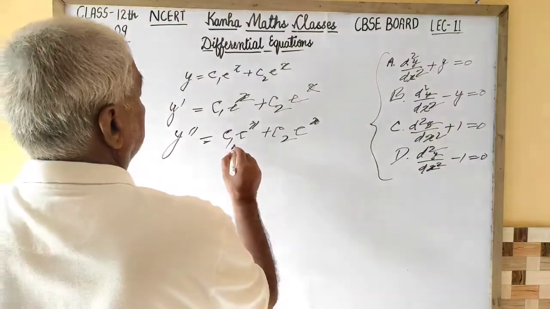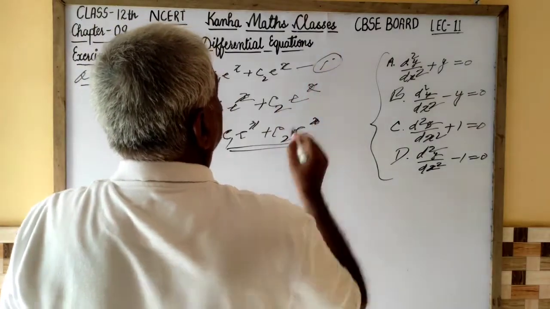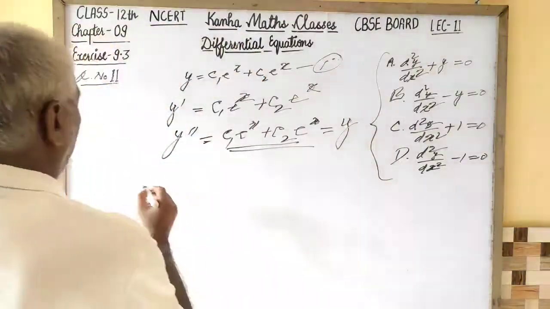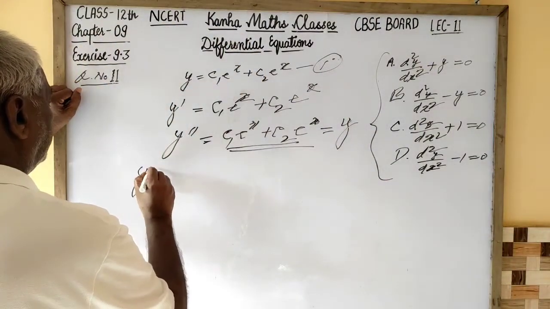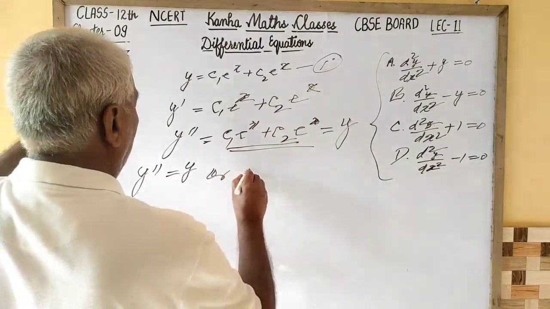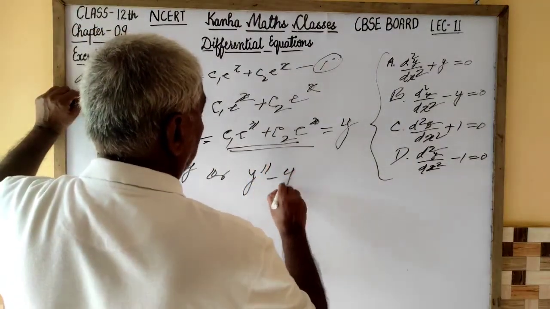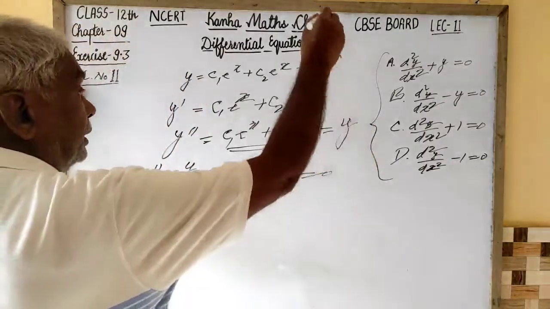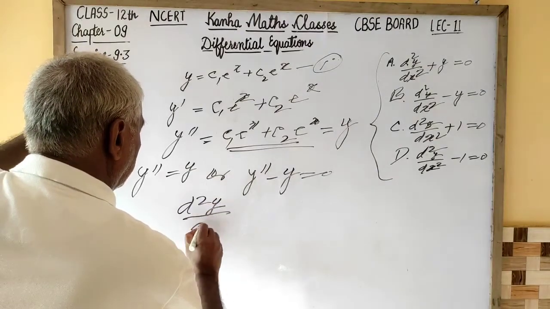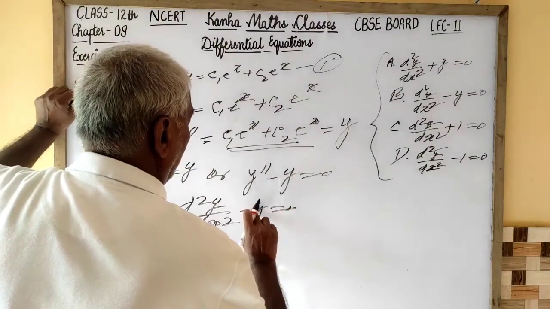and this is y from the given function. This we may write as y, hence y double dash is equal to y, or y double dash minus y is equal to 0, or in terms of this differential equation we may write d square y by dx square minus y is equal to 0.